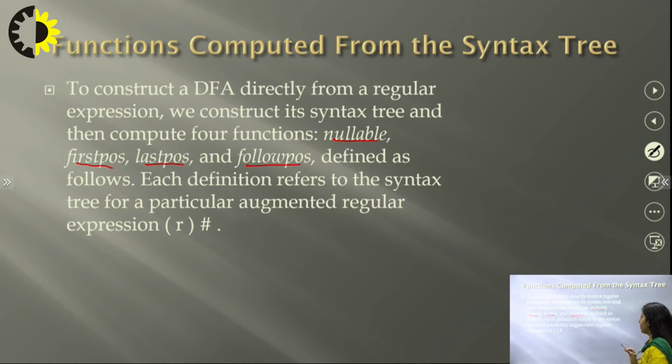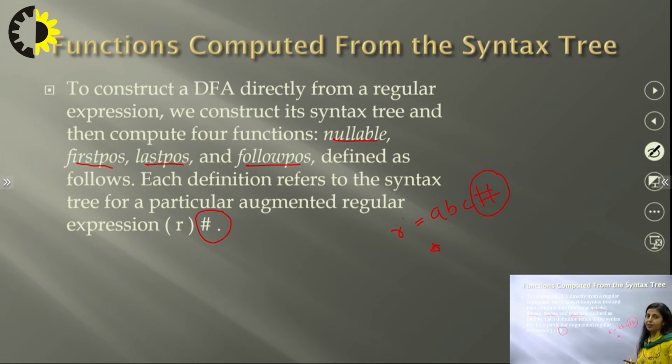Each definition refers to the syntax tree for a particular augmented regular expression R. Suppose we are given an expression like a, b, c, followed by the hash symbol. This symbol represents the end of the regular expression. While constructing, you have to place this hash symbol at the end of the regular expression to represent that this is the end.